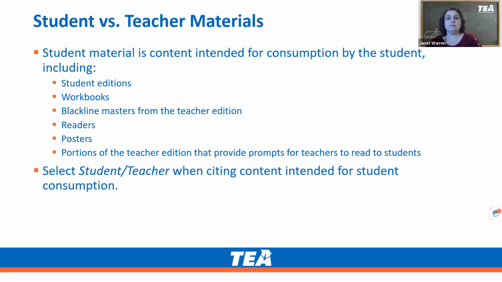You'll select student teacher when citing content that's intended for student consumption. The reason that we named the audience student and teacher is that if it's accepted by the reviewers, the publisher will also receive credit for covering this type of content in the teacher materials, since every component in a program is available for teacher consumption.